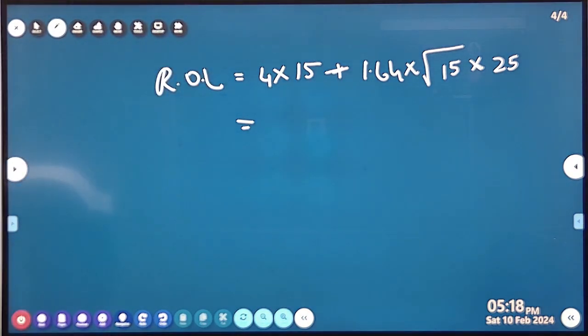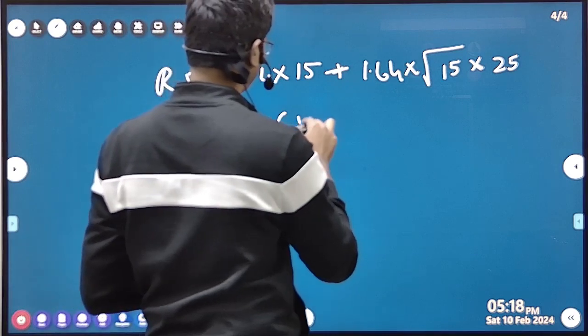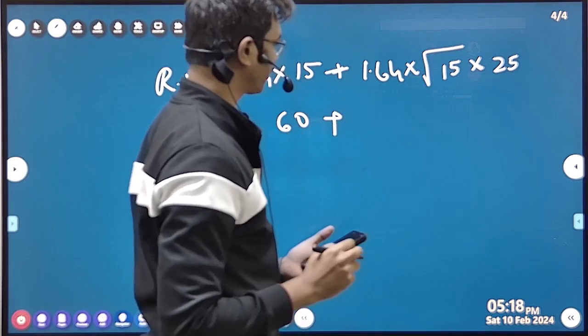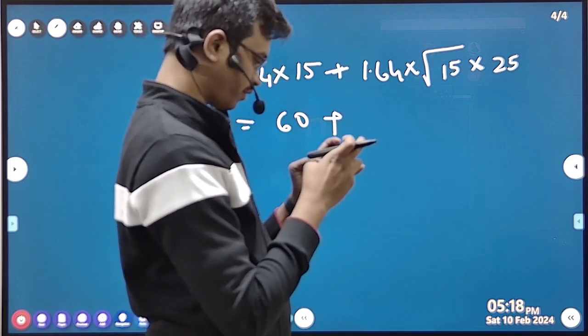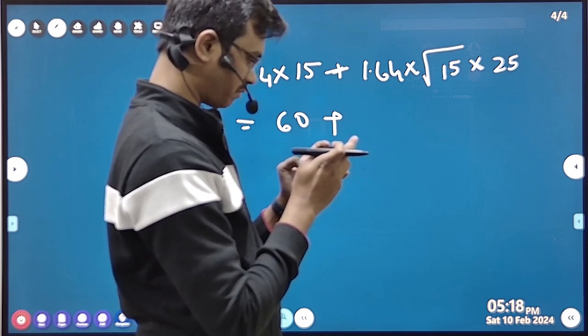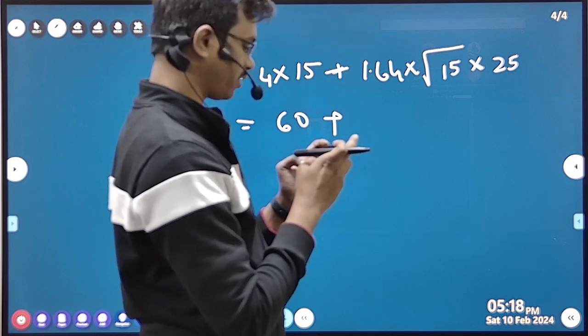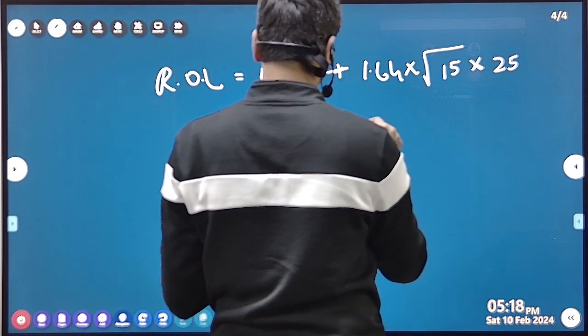How much is it coming to? This is 60 plus 1.64 into under root of 15 into 25, which is 158.